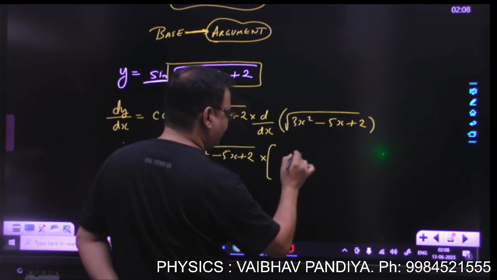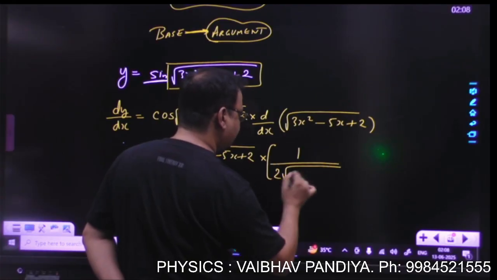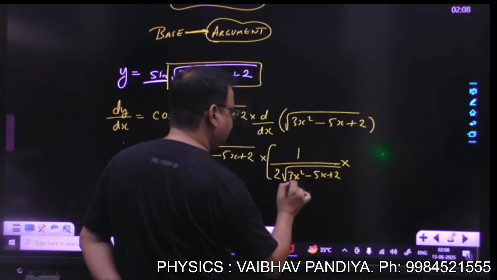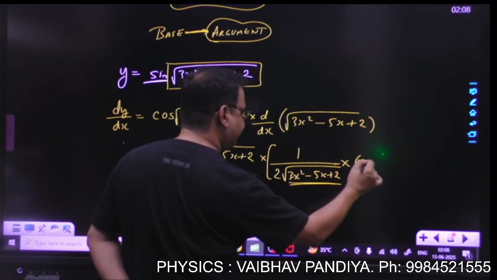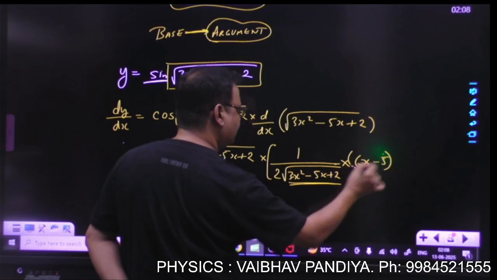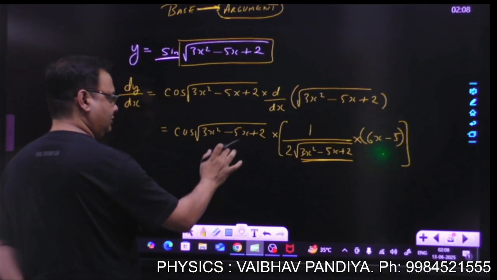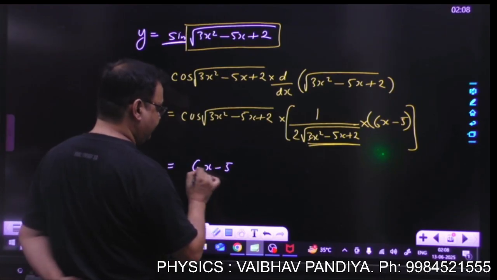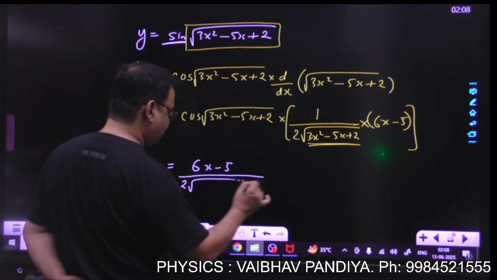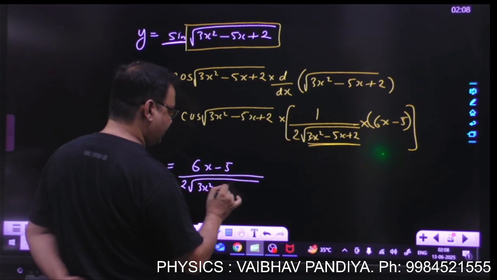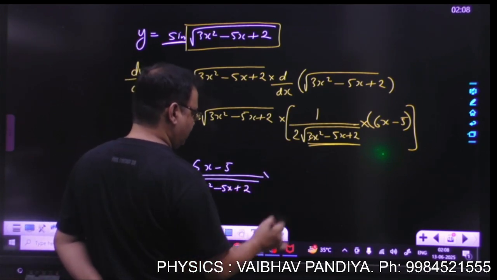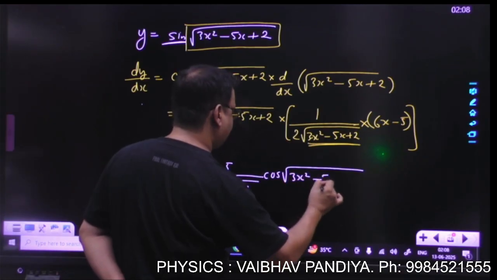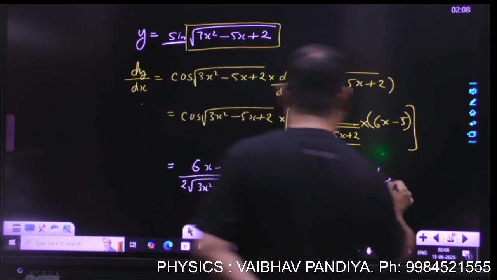So the derivative of root is 1 by 2 root of 3x square minus 5x plus 2, multiplied by the derivative of the argument, that is 6x minus 5. So this is the final answer, which you can write like this: 6x minus 5 divided by 2 root of 3x square minus 5x plus 2, multiplied by cos of root of 3x square minus 5x plus 2. This is the final answer.